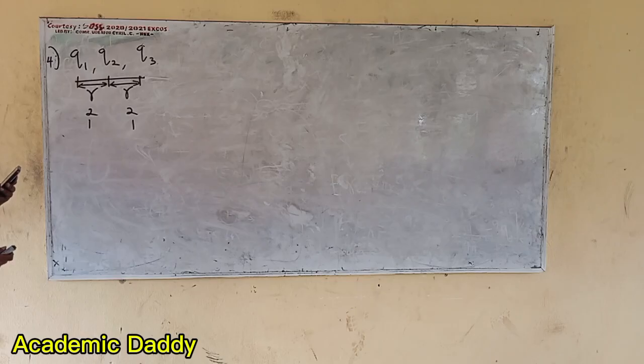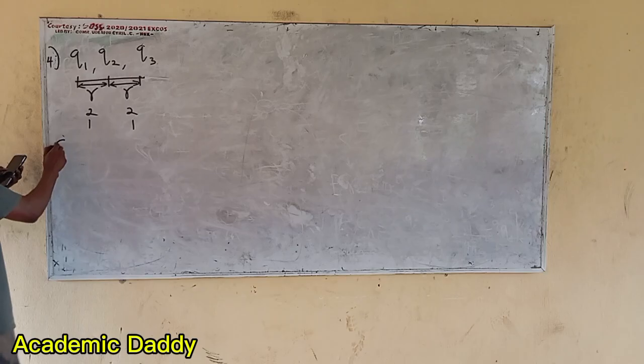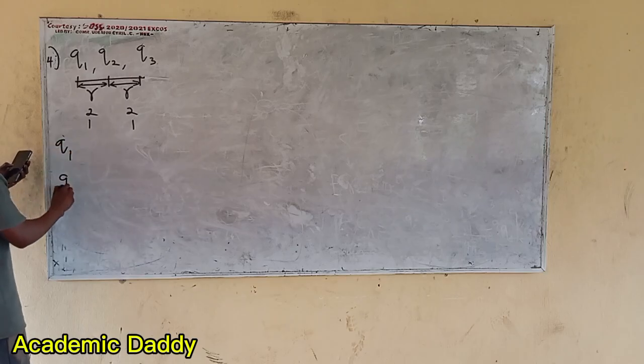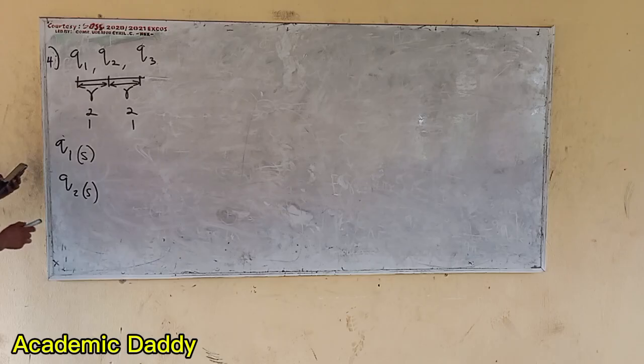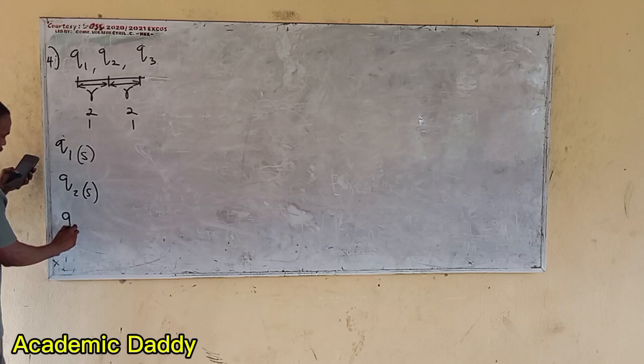If Q1 and Q2 are fixed, that is, they are source charges, but Q3 is free to move, Q3 is a test charge.